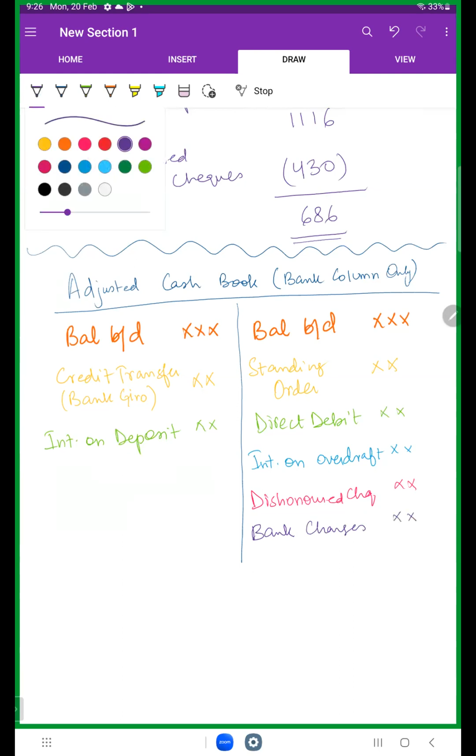And since you had balance brought down on either of the sides, there is a possibility of having balance carried down on either of the sides, right?